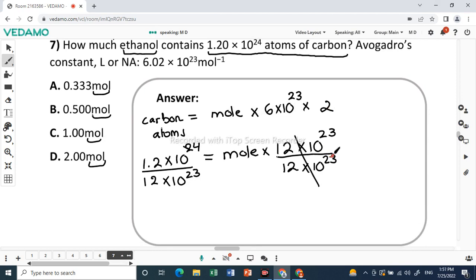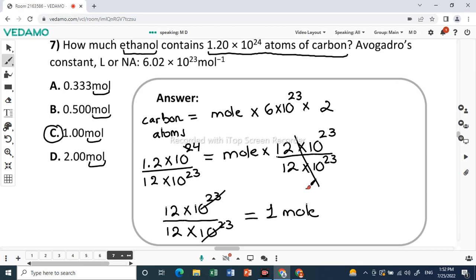In my opinion, it's easier for me to overcome the decimal presented above. So it will become 12 times 10 to the power of 23. I'm rewriting the number, taking 1 from the power, and here you have 12 times 10 to the power of 23. So definitely your final answer will be 1 mole, and the answer is C.